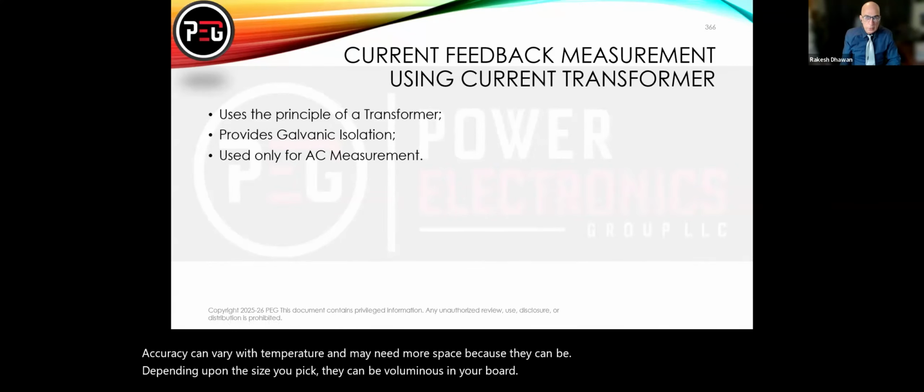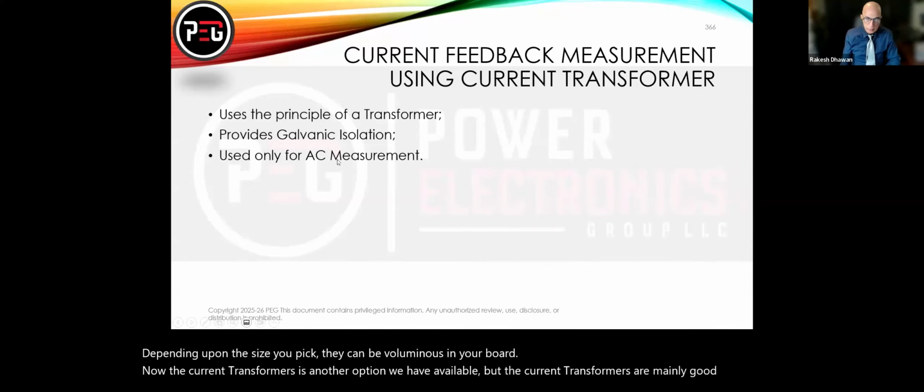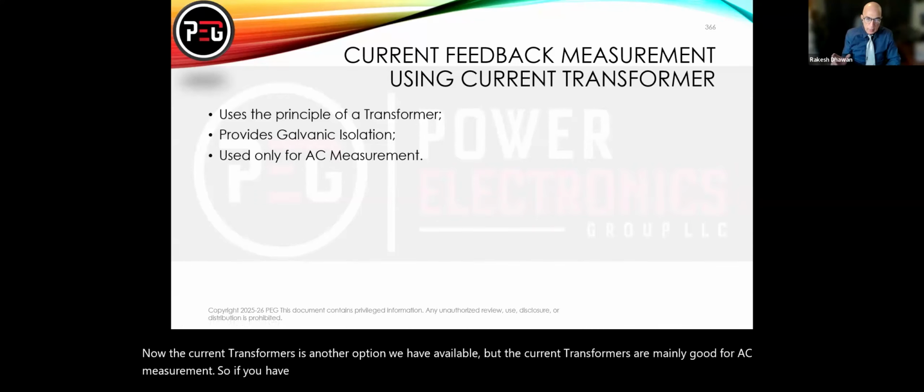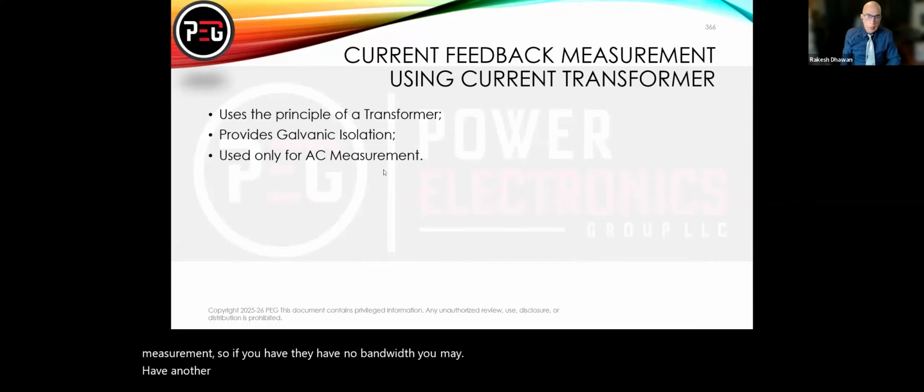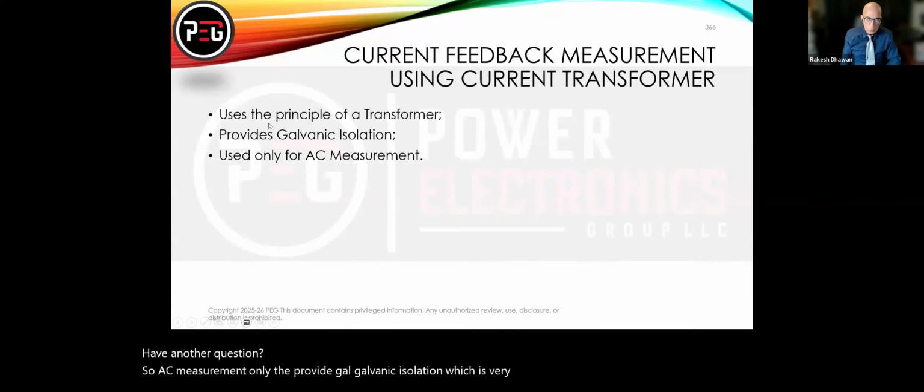Now, current transformers are another option we have available, but they are mainly good for AC measurement only. They have no DC bandwidth. They provide galvanic isolation, which is very nice, and they use the principle of a transformer, right?